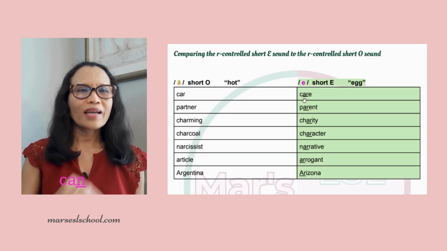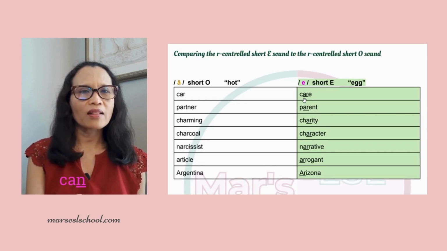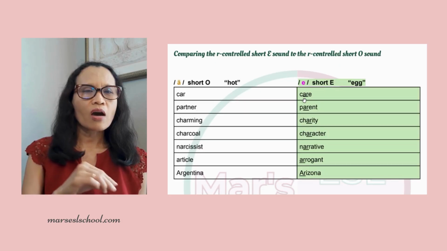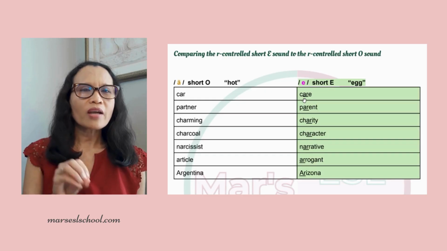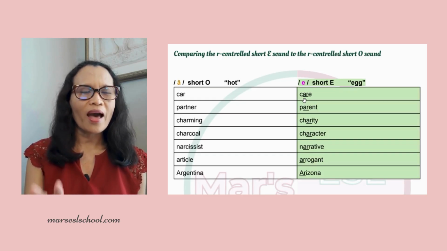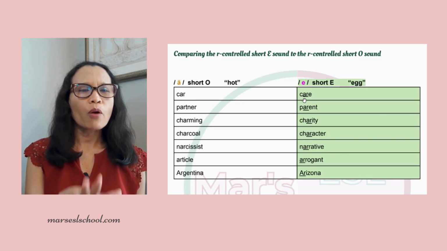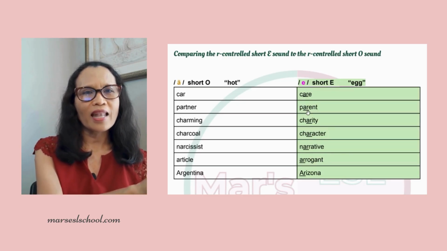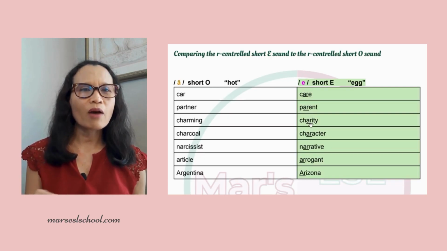In the word can, the letter A is followed by an N. So that's a pattern, and it's very common. The letter A most likely will have a short A sound. But now when there's an R after the letter A, the vowel sound changes from its normal pattern.